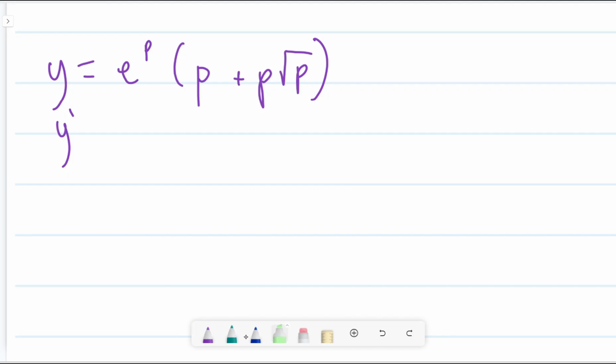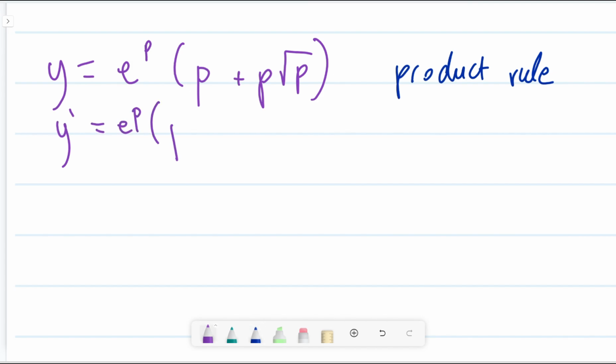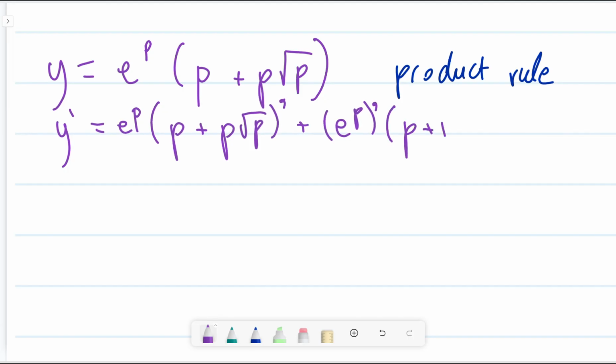So let's use the product rule. So I keep the first term the same and I multiply it by the derivative of the second term plus the derivative of the first term times the second term.